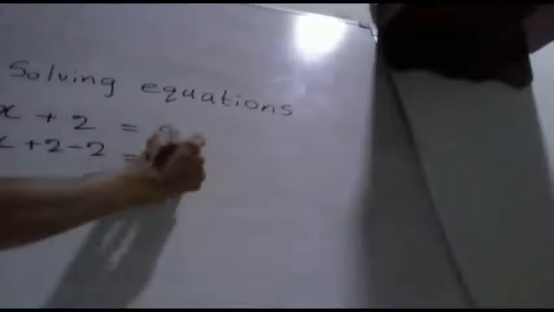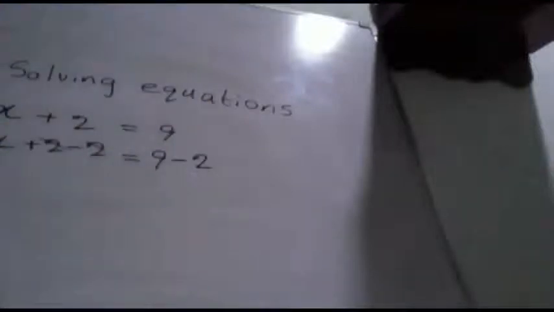Here, plus 2. We add negative 2, or we subtract 2 from both sides. We take this positive 2 to the right hand side. x is equal to 9 subtract 2, which is 7.